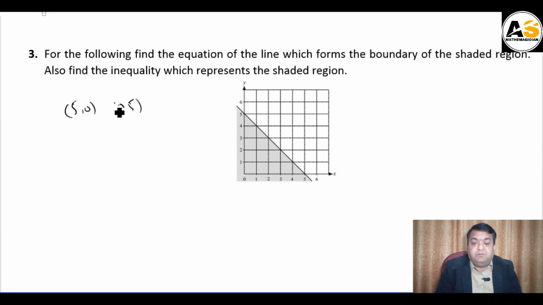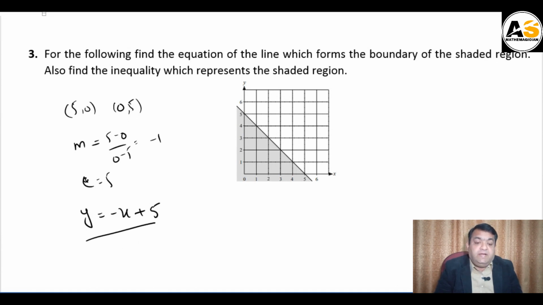So its gradient will be y2 minus y1 over x2 minus x1, which is negative 1. Its y-intercept is 5. So its equation will be y is equal to minus x plus 5.